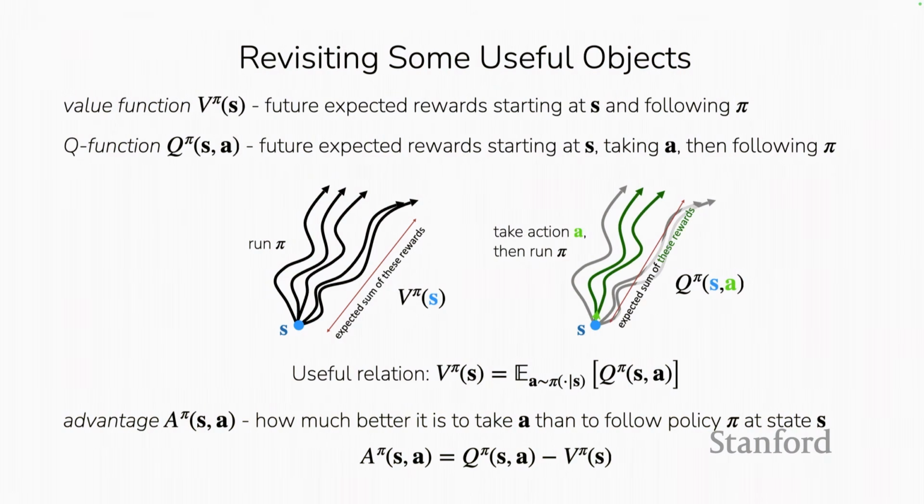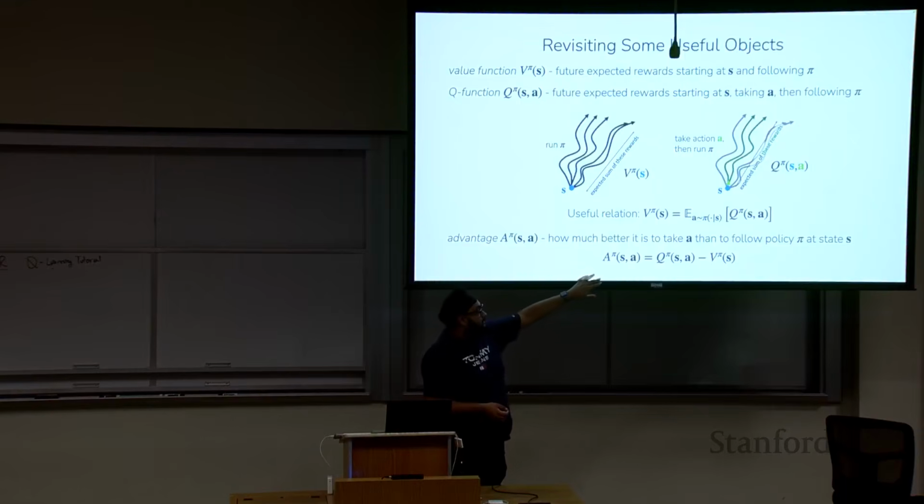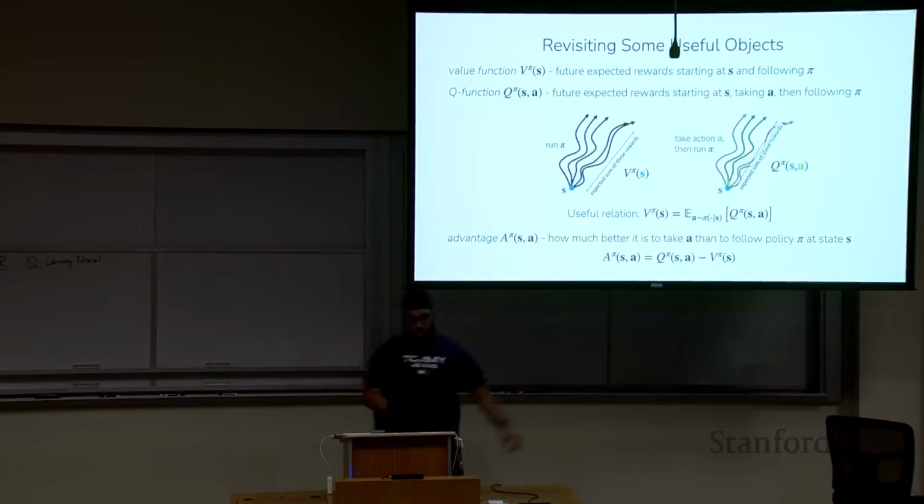Another useful quantity that you might have already seen is the notion of an advantage, which estimates how useful it is to take a particular action A, then follow the policy at the current time step. We define the advantage as the difference between the Q value and the value, as seen on the bottom.